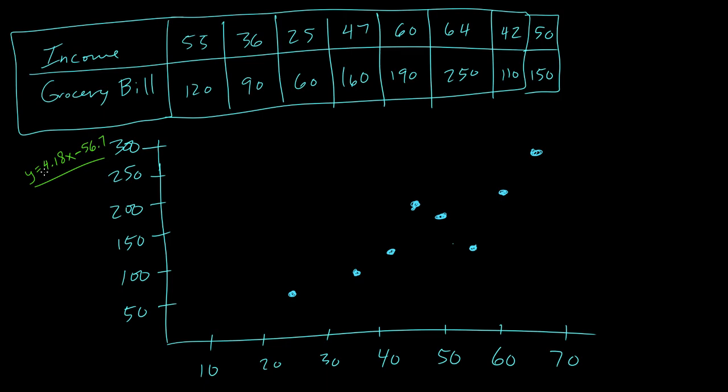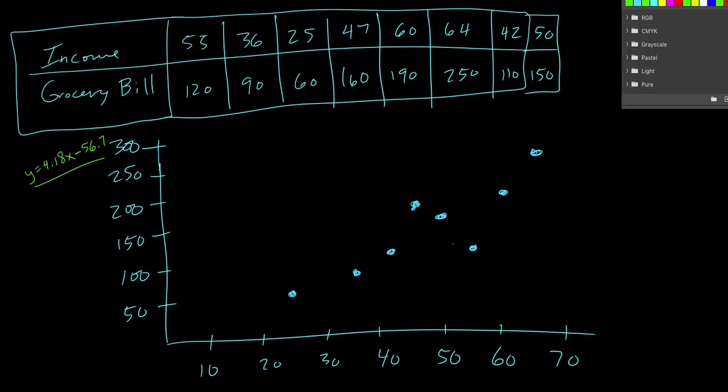Okay? Part D says estimate the weekly grocery bill for a family with an annual income of $95,000. So all we need to do is plug in 95,000 to X, or just 95 because it's already measured in thousands. So we're going to do 4.18 times 95 minus 56.7.